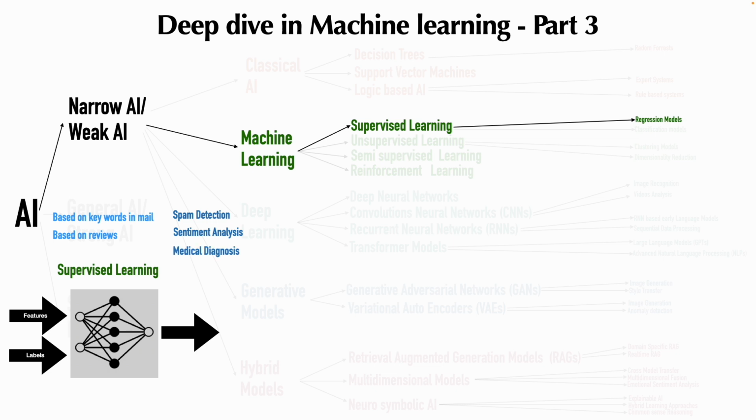Medical diagnosis. Based on the diagnostic scan image, you may want to predict whether cancer is present or not. All these examples involve classifying items into one or more categories. This type of supervised learning is known as classification models.